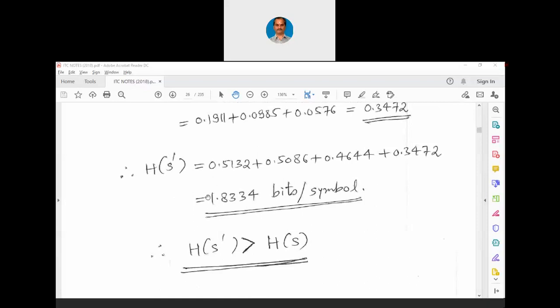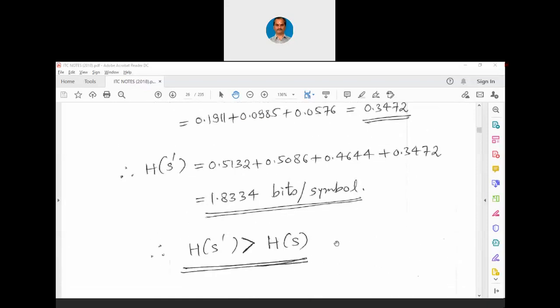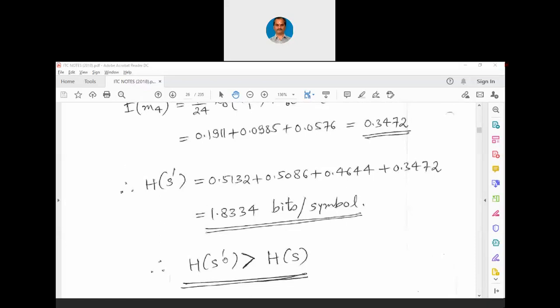So the conclusion is H of S dash is greater than H of S. Any type of splitting of the symbols is going to increase the information rate. That is the conclusion. This is where I end all the basics of information theory.